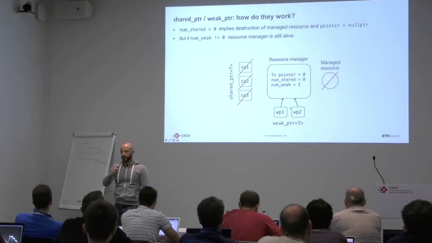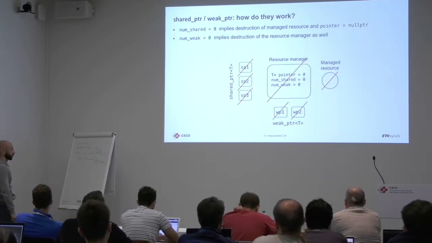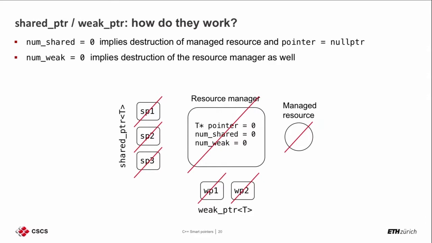The resource manager is deleted only when the number of weak pointers also goes to 0, because they go out of scope, and then everything is released for you. So this is exactly the behavior of memory allocation and release with shared pointers.